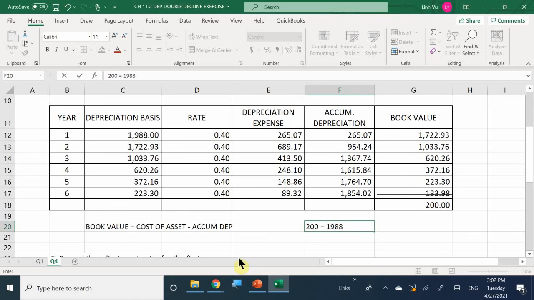All right, and our figure that we need to solve for is the accumulated depreciation. So let's do simple math. How much do I need to subtract in order to get from 1988 all the way down to 200? 1788.